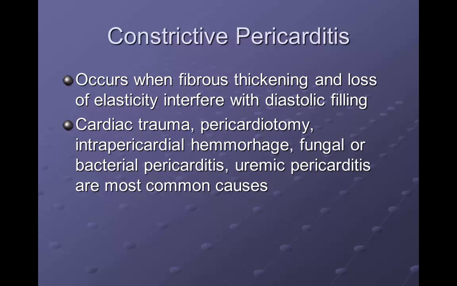Causes of constrictive pericarditis, in addition to cirrhosis of the liver, pericardiotomy, intrapericardial hemorrhage, uremia, are more or less the same causes as acute pericarditis. It is less common.